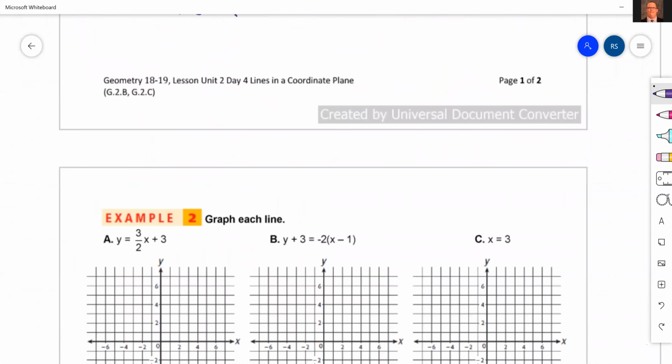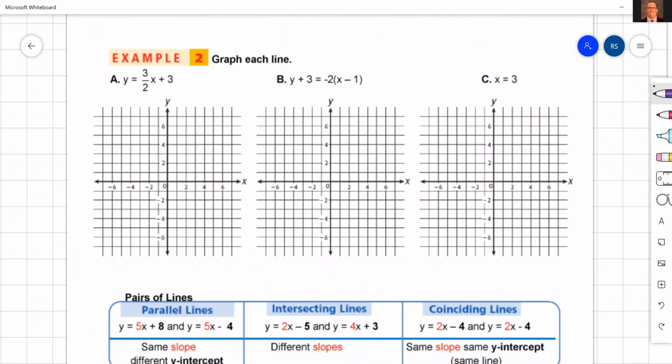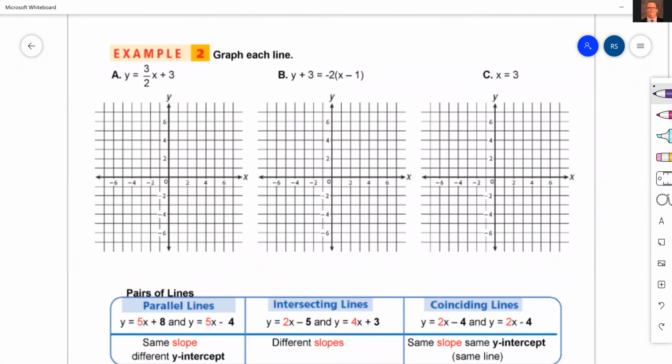Okay, on to the back of the notes. So now we're going to work on graphing. Graph each line.